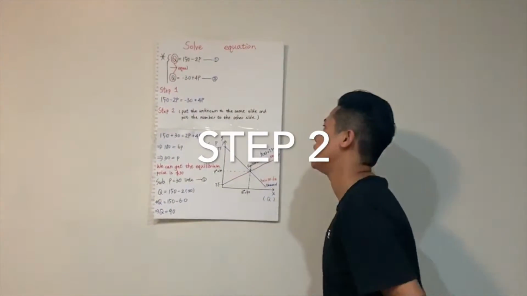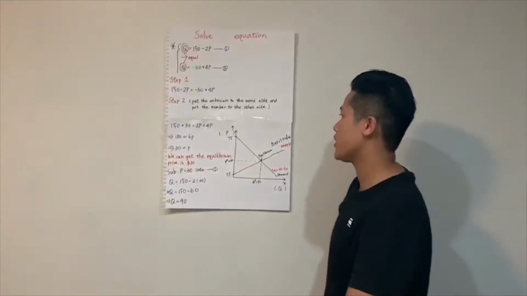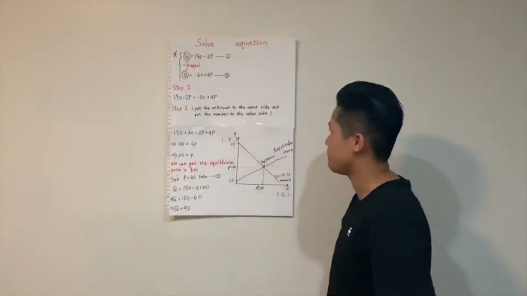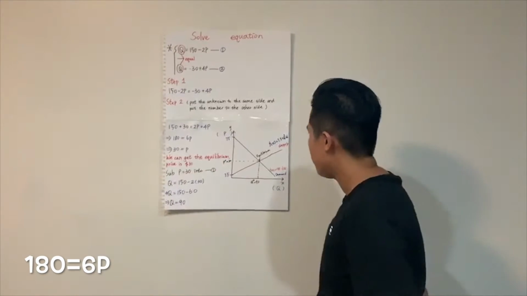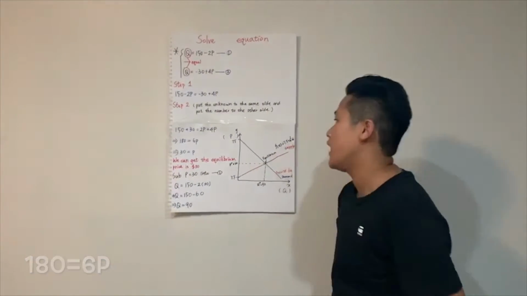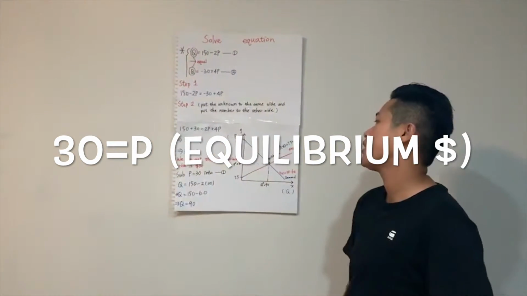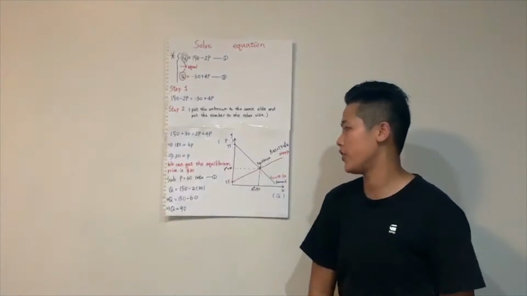Then step 2, put the unknowns on the same side and the numbers on the other side. So it becomes 150 plus 30 equals 2P plus 4P. Then it will be 180 equals 6P, and the final answer is price equals 30. So at this point, we know the equilibrium price is 30.